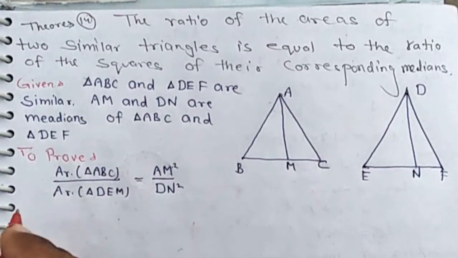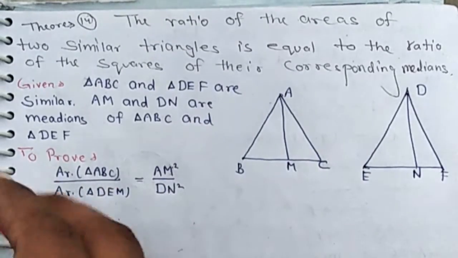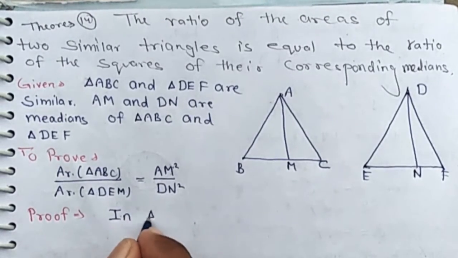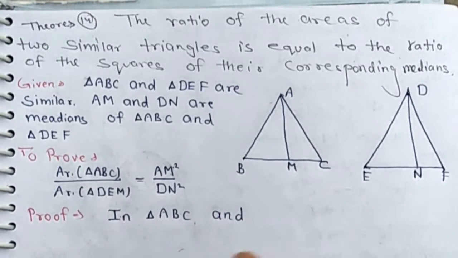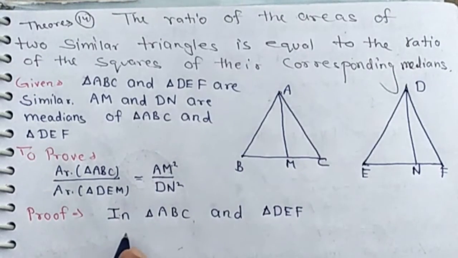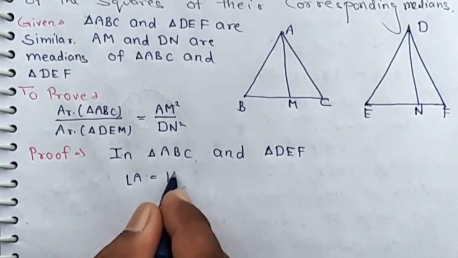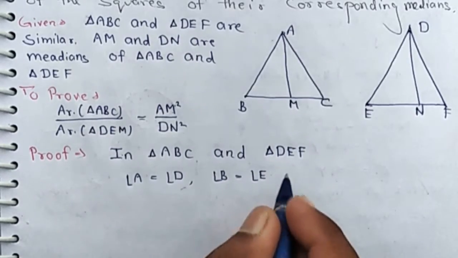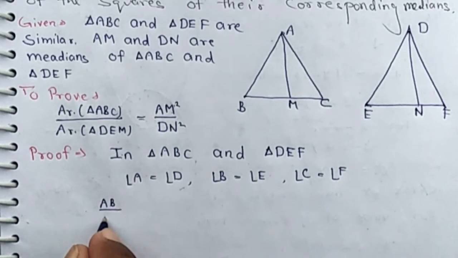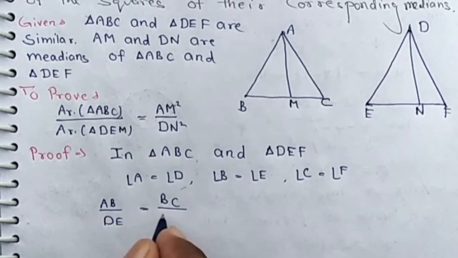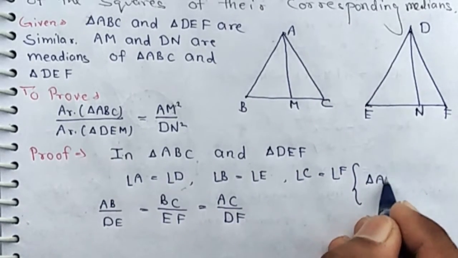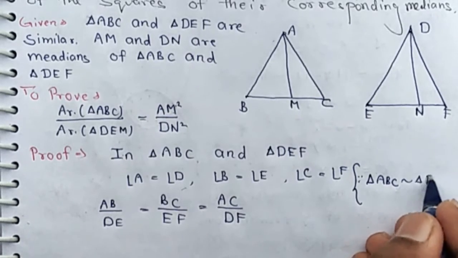Now to prove, in triangle ABC and triangle DEF, angle A is equal to angle D, angle B is equal to angle E, angle C is equal to angle F, and AB by DE is equal to BC by EF is equal to AC by DF, because triangle ABC is similar to triangle DEF.